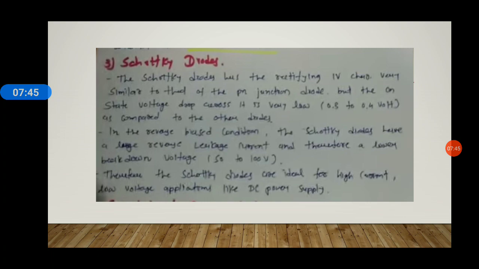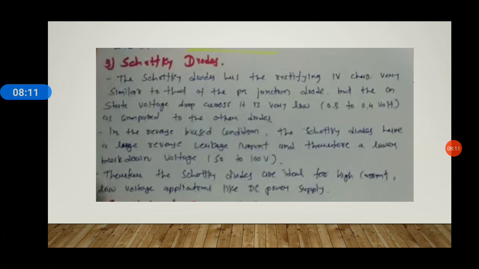When in reverse bias, the Schottky diode has a large reverse leakage current, and therefore if you have a large reverse current, that is the current that we have when the diode is in reverse bias condition, that means the breakdown voltage will be lower.